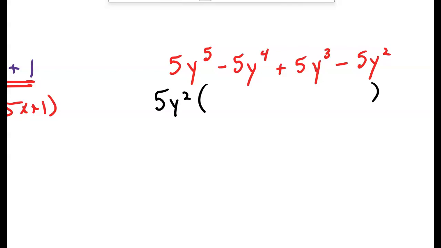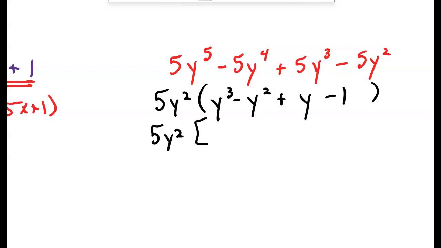First thing you do, rewrite everything. What do we get left with? Y cubed minus y squared plus y minus 1. Then we ask, are you done yet? And you say, no, because I have how many terms? 4. So now this 5y squared comes along, and I always change this to brackets to make my life a little bit easier.